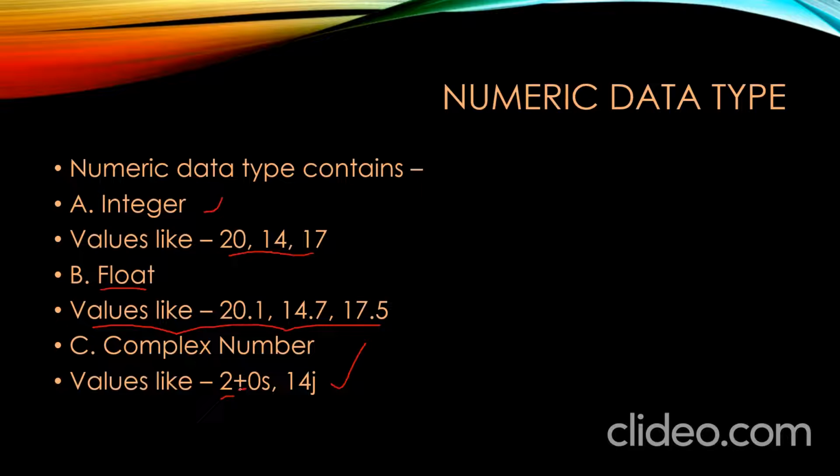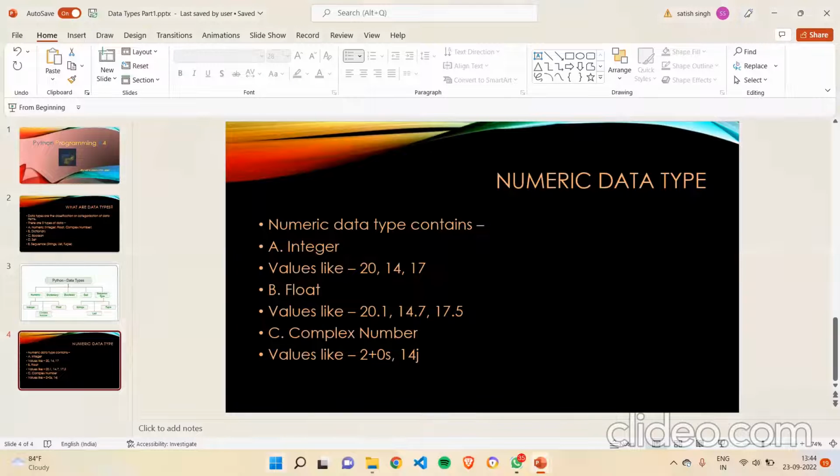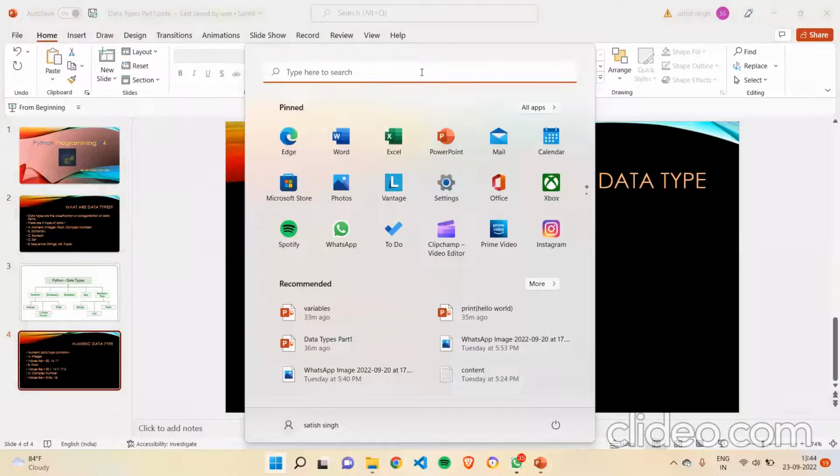We have this operator, we have again an integer, and we have j. Okay, so this is called a complex number in numeric data types. So we are over with our PowerPoint presentation. Now we are going to do the practical.